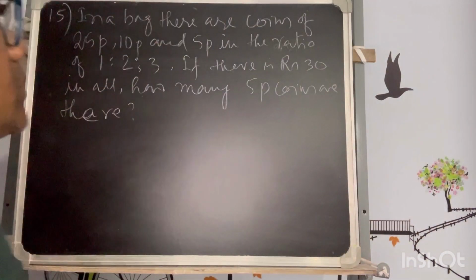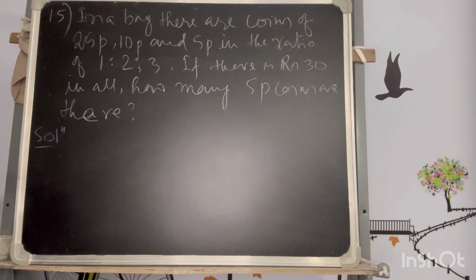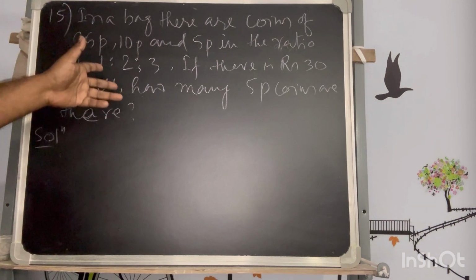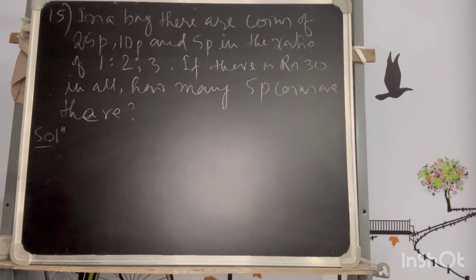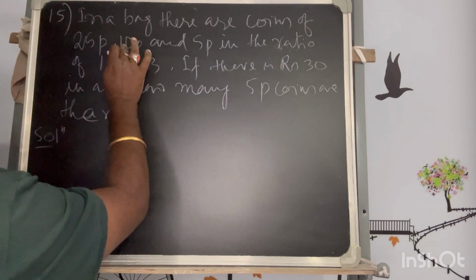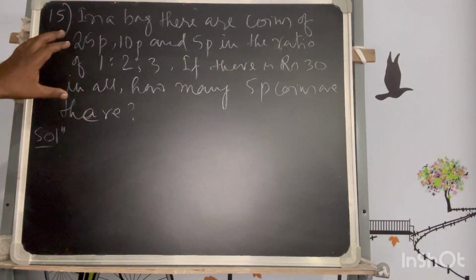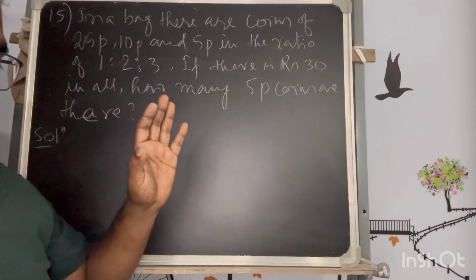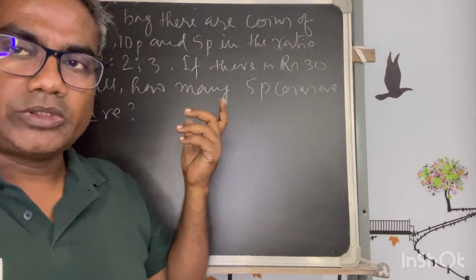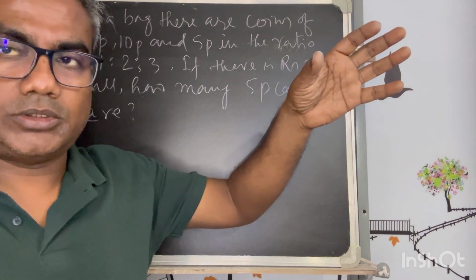fine. This is a kind of problem that is very common in every exam. I am not saying exactly this problem, but this kind of problem where the denominations are given in paisa, not in rupees, but we have common knowledge of how paisa is related to a complete rupee.